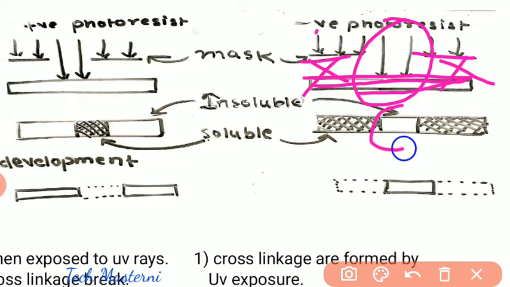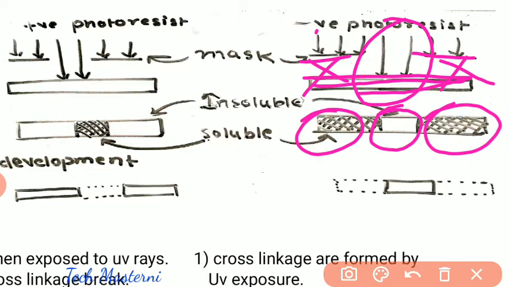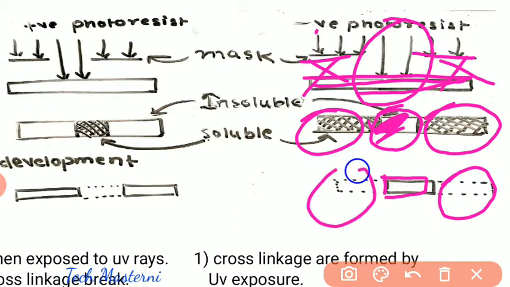Due to the creation of bonds, molecular weight will increase. So this particular area becomes stronger. When you dip it into the developer solution, this part will not dissolve. This part will dissolve, this part will dissolve, but this part will not dissolve. After the developer solution, you have photoresist only in this particular area and the remaining photoresist will be gone.